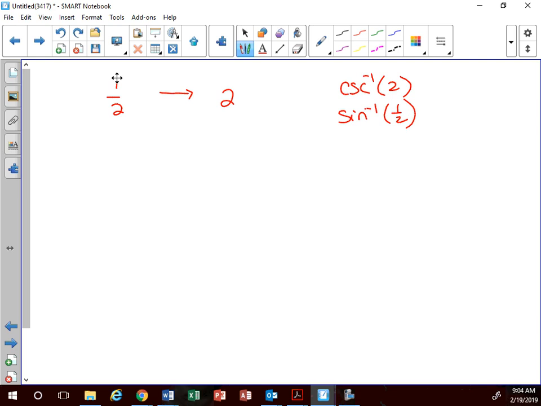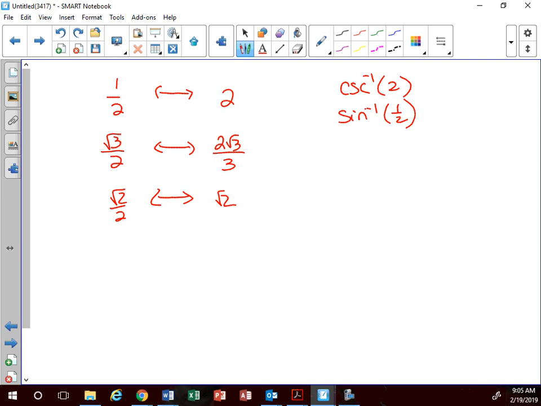Because I don't like thinking about cosecant. The other ones are obviously a little trickier to flip. What is root 3 over 2 when I flip it? 2 root 3 over 3, and then root 2 over 2 is just root 2.